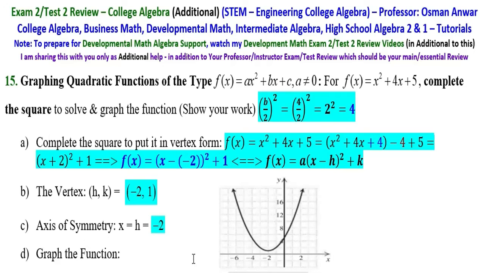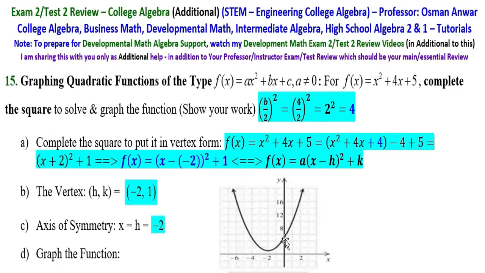Then for the graph, you have the vertex at minus 2, 1, and it is a parabola that opens up, and the axis of symmetry is minus 2. The vertex is a minimum, minus 2, 1. Then you just graph a parabola that opens up.